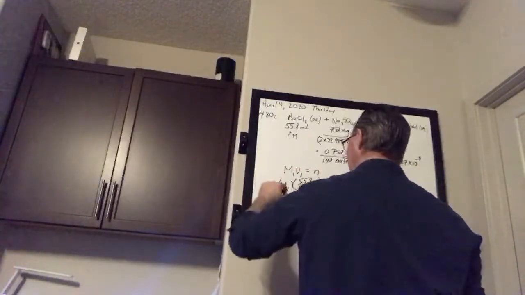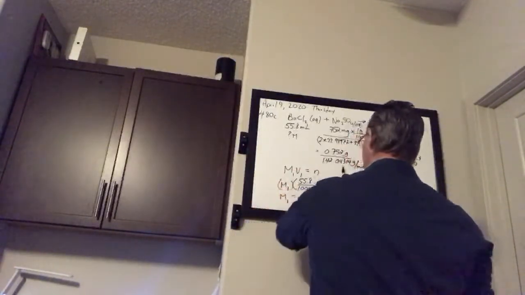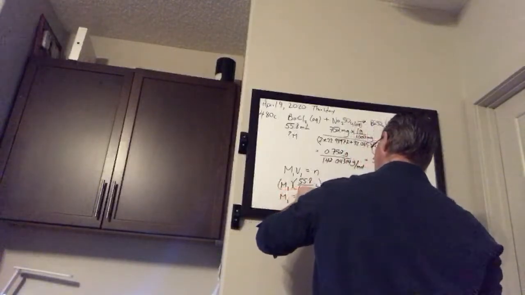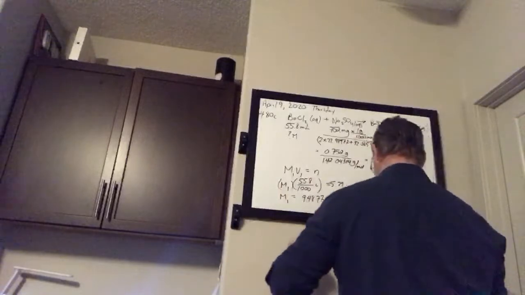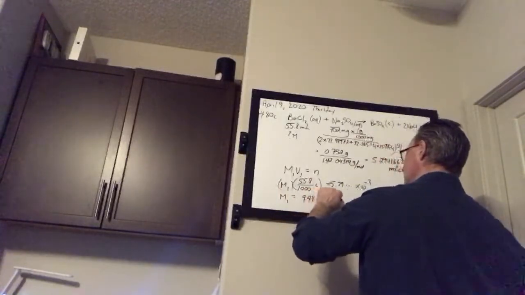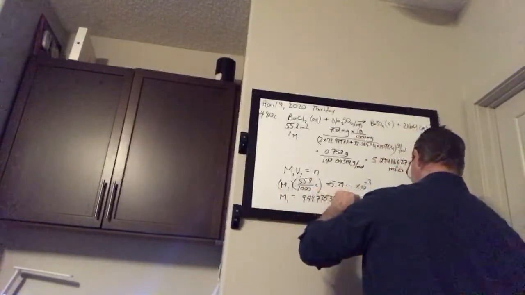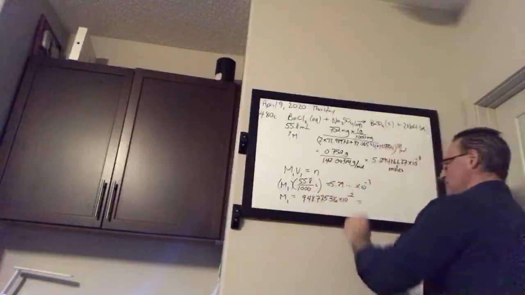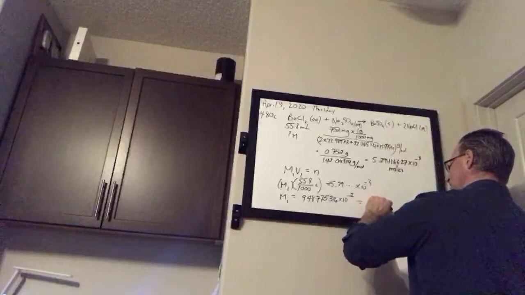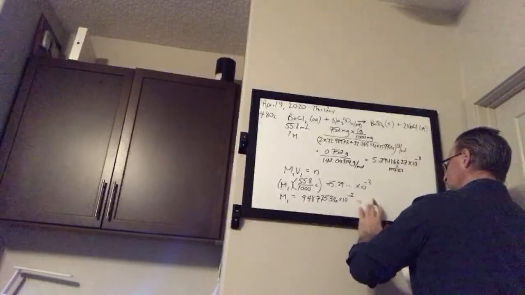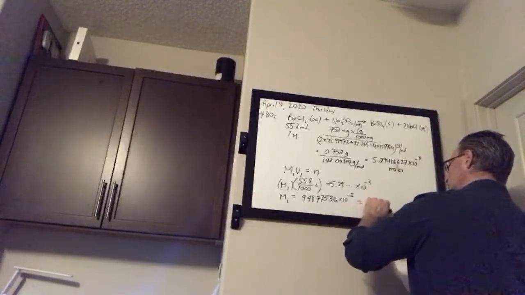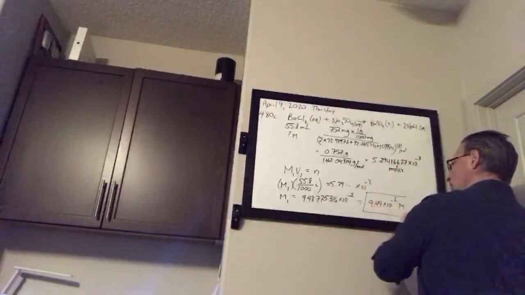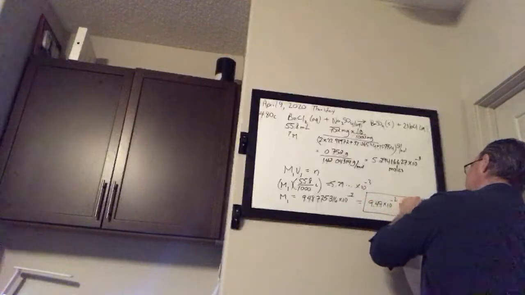So M1 equals this divided by that, and you get 9.48775316 times 10 to the minus 2. And you're only allowed 3 sig figs, so you're going to say 9.49 molar of barium chloride.